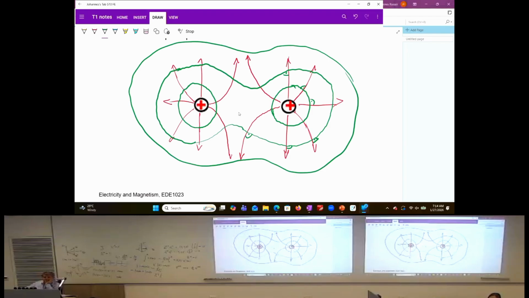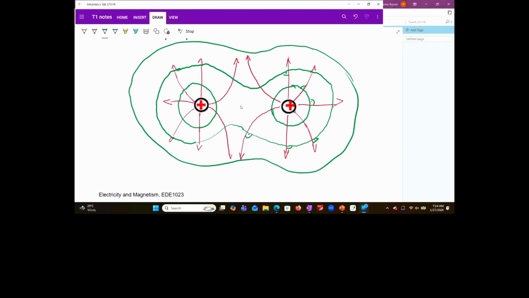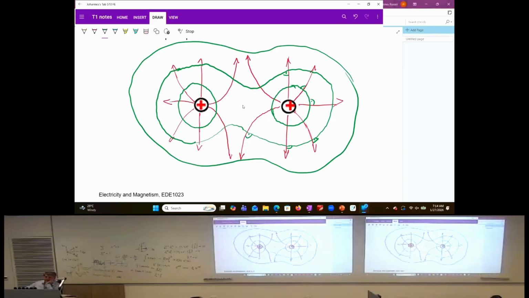So these two charges, they repel each other, but they are fixed now. I assume I have fixed these two charges, so they repel each other, but they can't move away. Now I take a third charge, a test charge, that can move, and I put it right in the center here. And it could be a positive or it could be a negative charge.